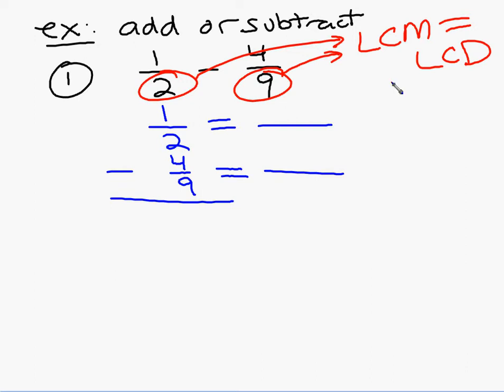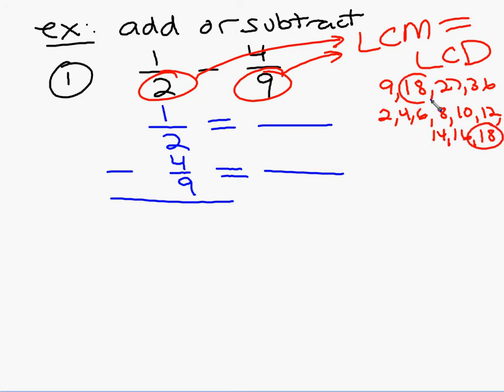We counted up by 9s: 9, 18, 27, 36. And then I count up by 2s: 2, 4, 6, 8, 10, 12, 14, 16, 18. 18 is not only the least common multiple, it's the least common denominator.